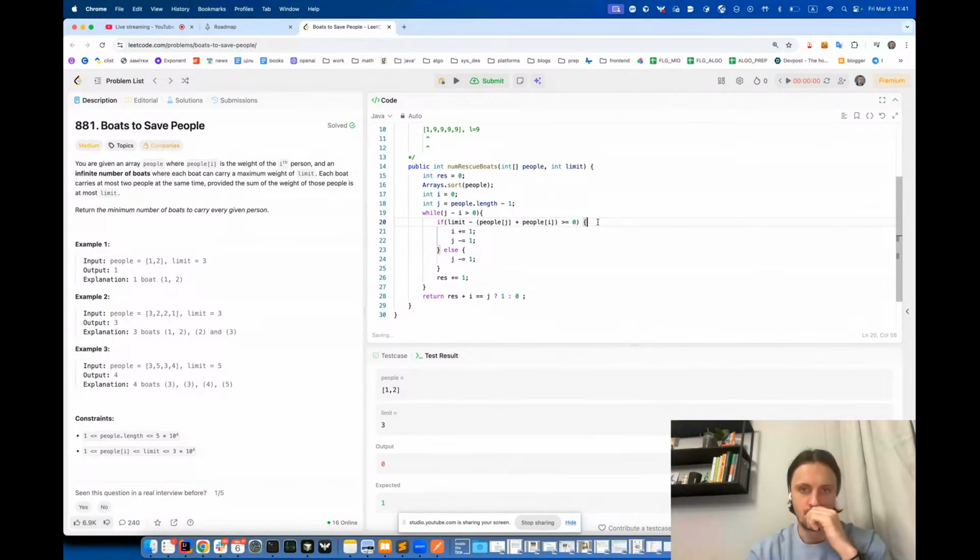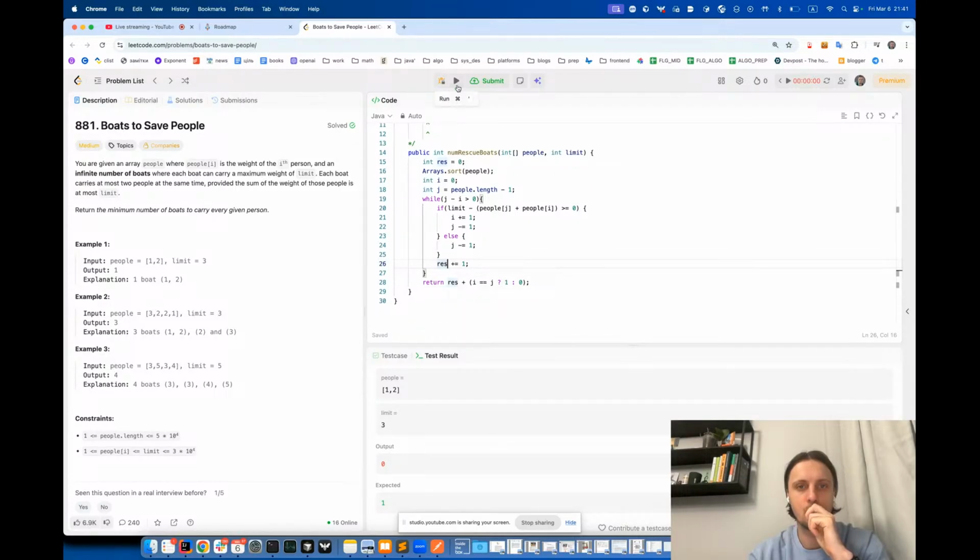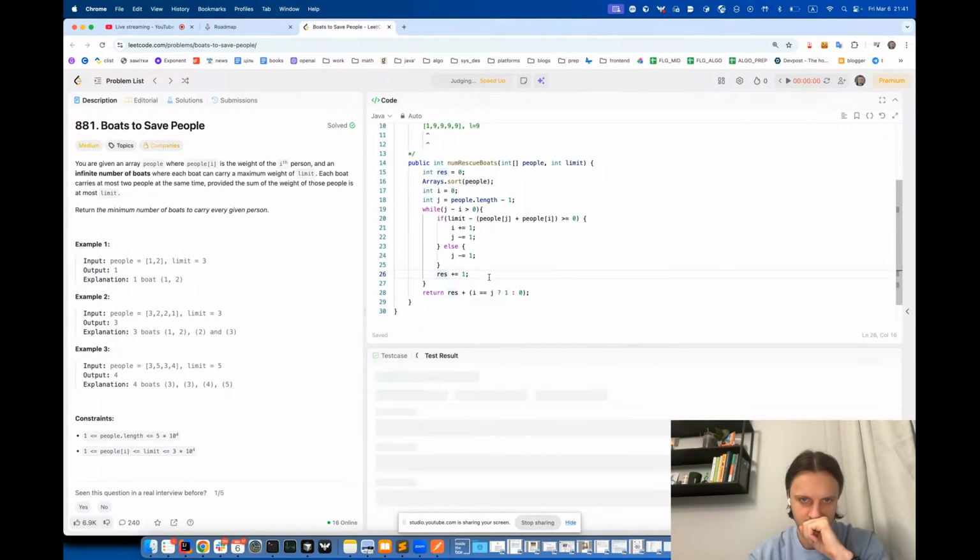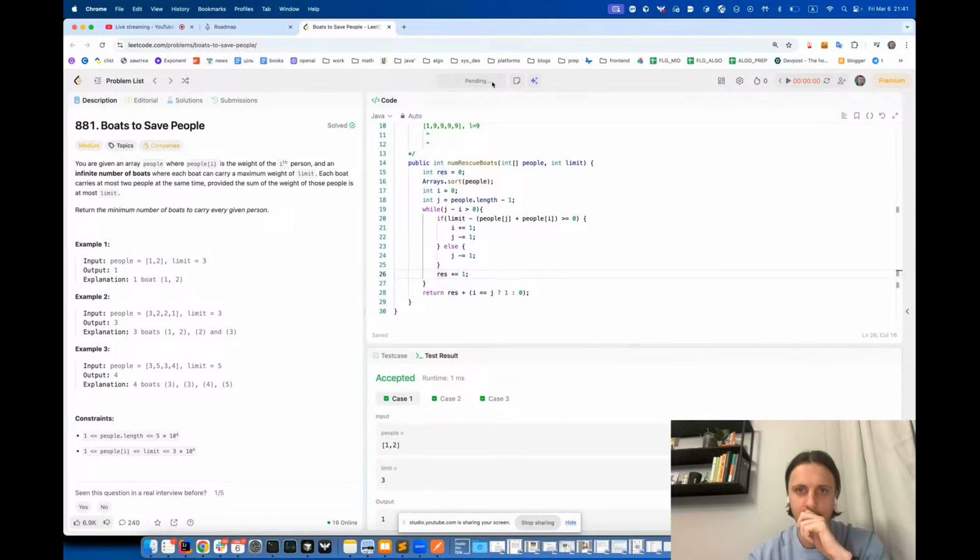So limit here is 3 minus 3 should be 0. So we move i by 1, and here it would be j 0. Right? Here would be minus 1. And it's not equal. And we should increase our result by 1. Okay.